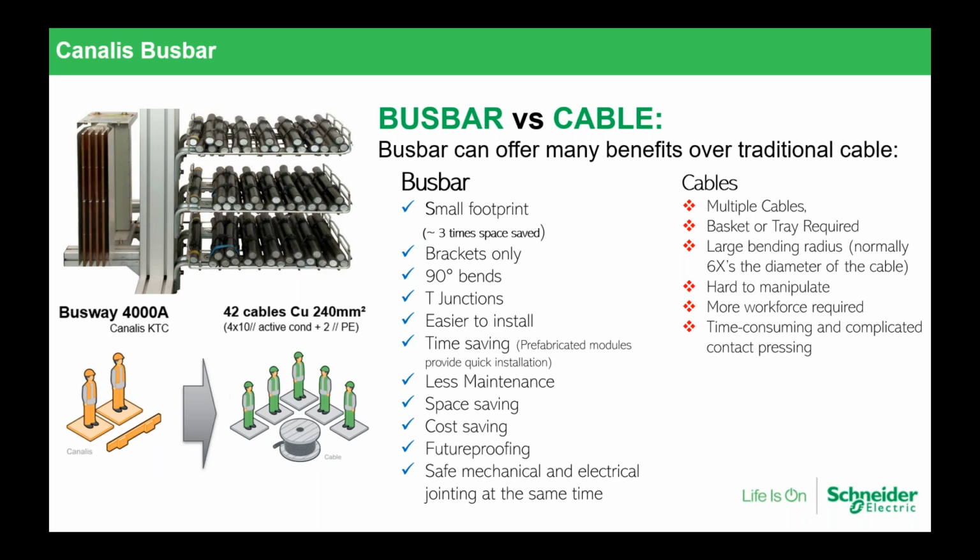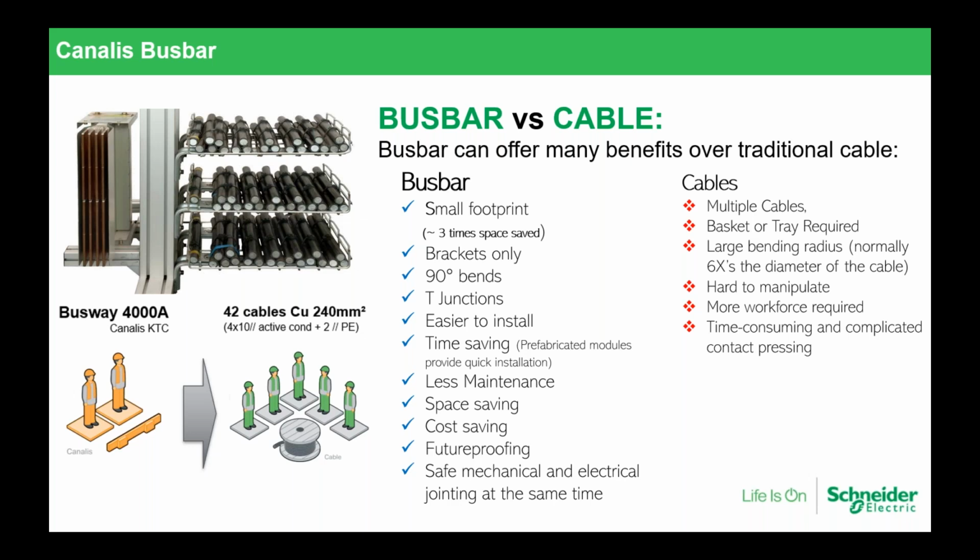Again, I will not go one by one through all the advantages of bus bar against cables, but just to highlight, I think the image on the left hand side is worth 1,000 words, because it's an example.